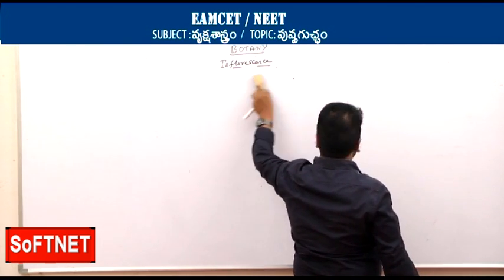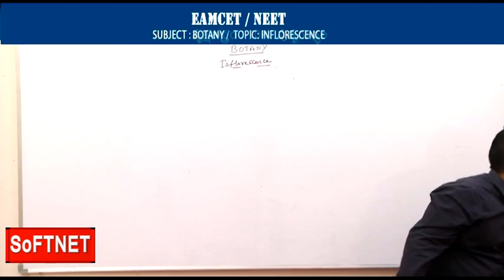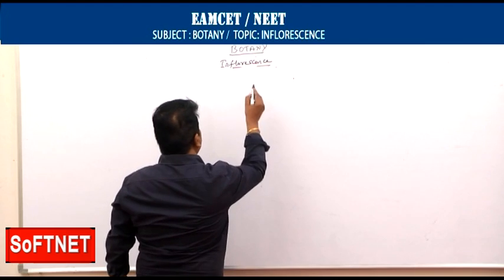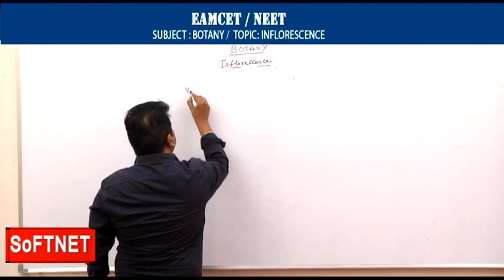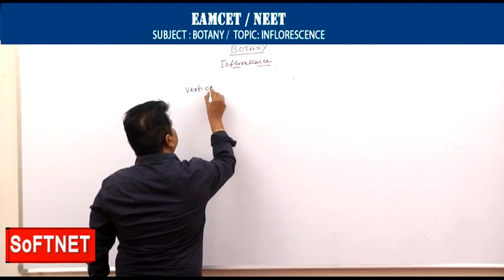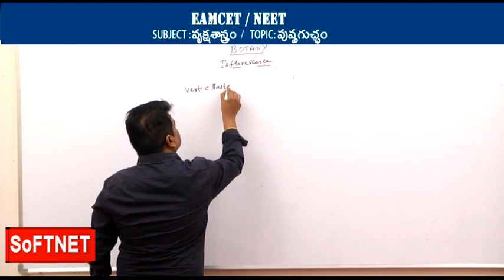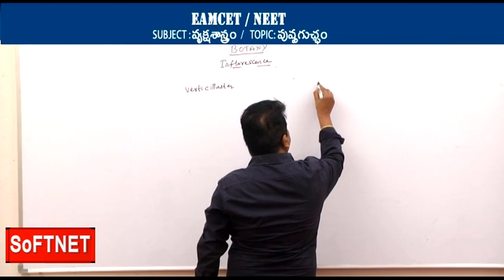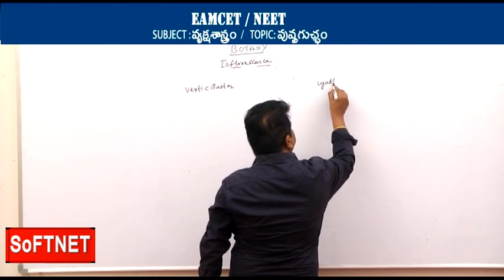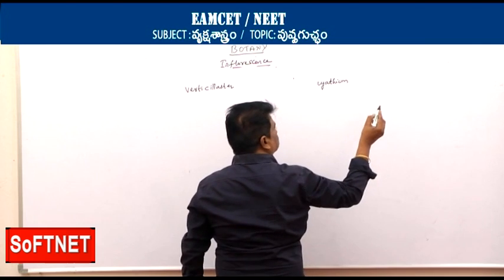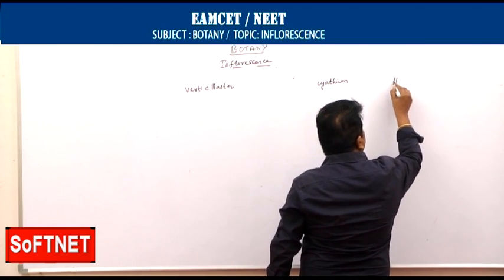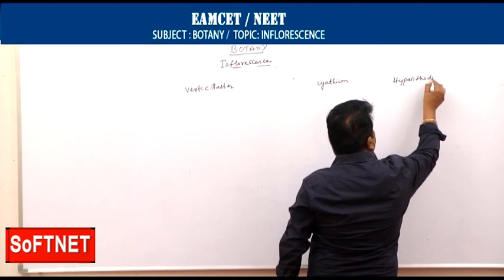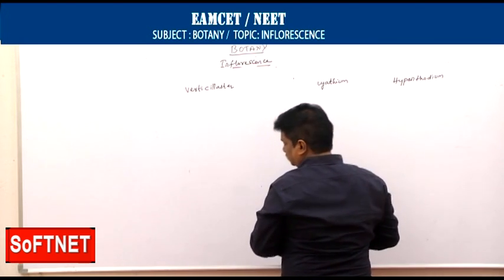Among that, one is verticillaster, second one is cyathium, and the third one is hypanthodium. These are 3 types.